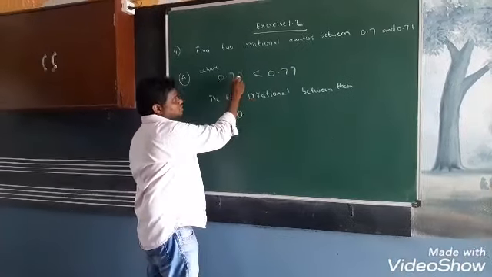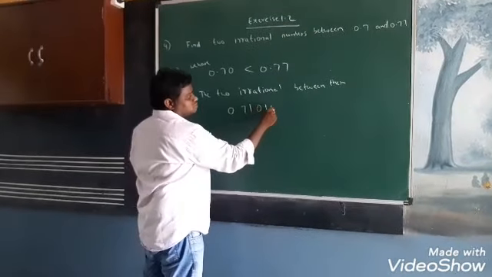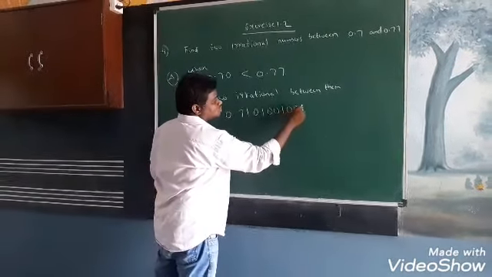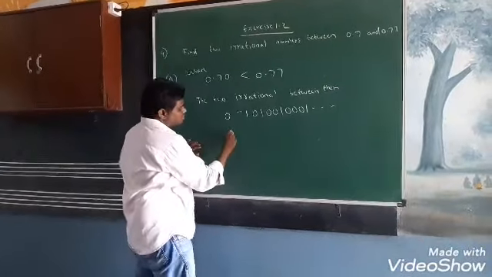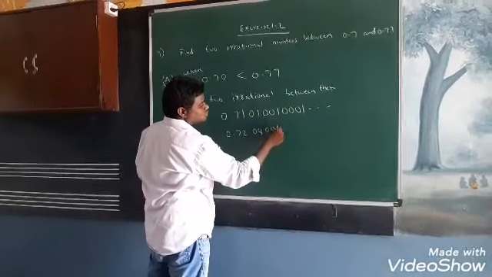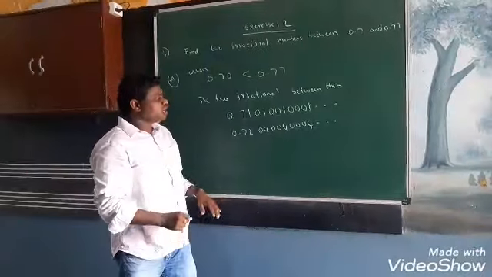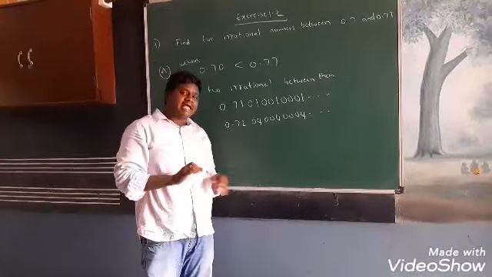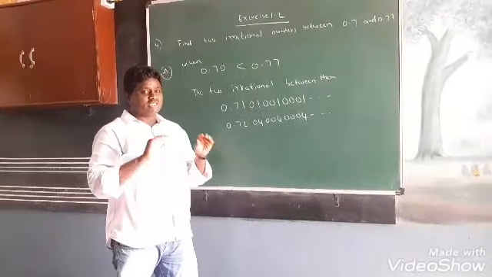Already I told, 0.70 means the next number is 0.71, then 01, 001, 0001 and so on. Like that you have to keep. Next, start 0.72, 04, 004, 0004 and so on. Like that you are able to write infinitely many irrationals between two rationals.